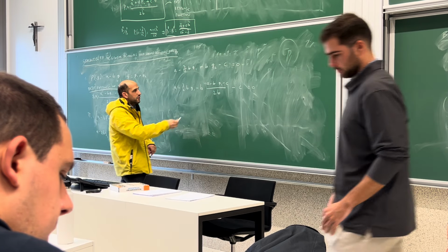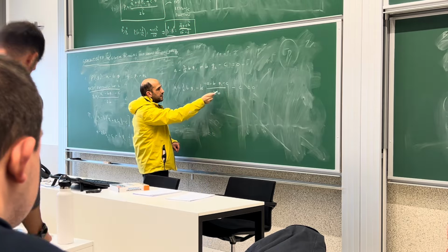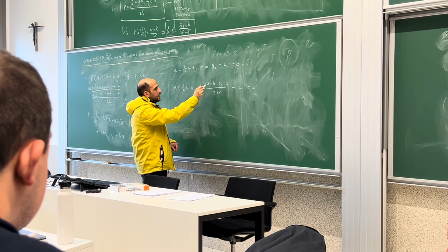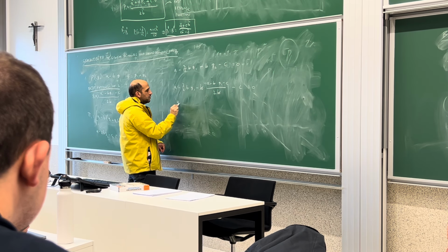This B cancels out with this B, so it's going to be A minus A over 2, so it's going to be A over 2.